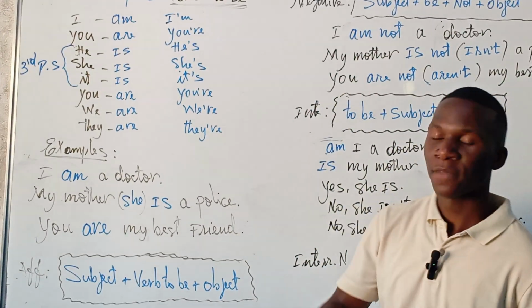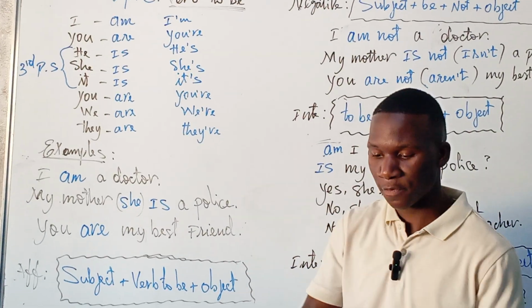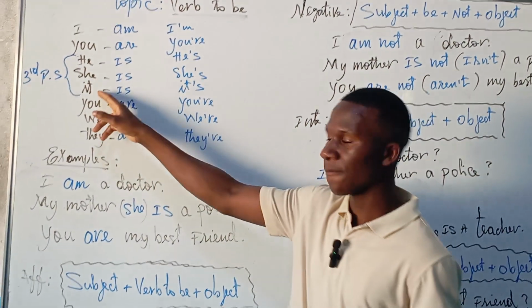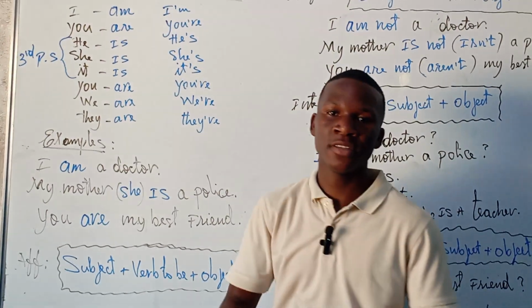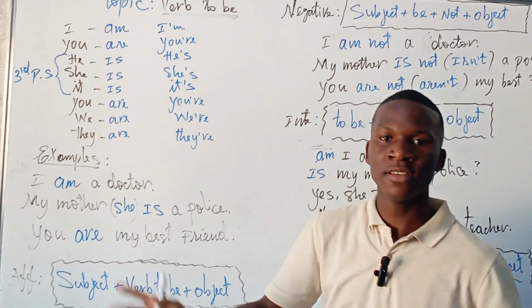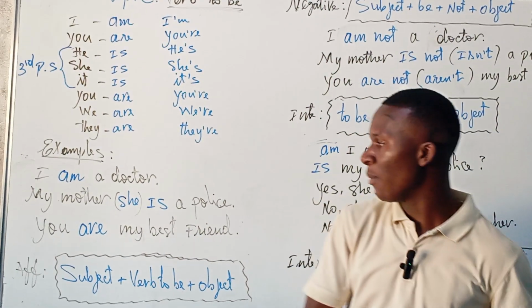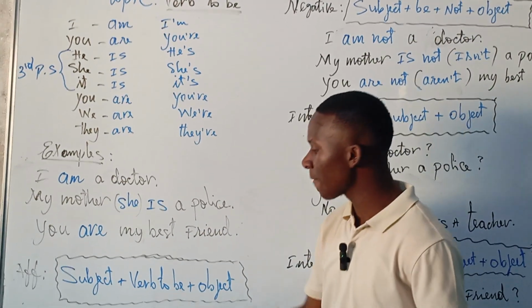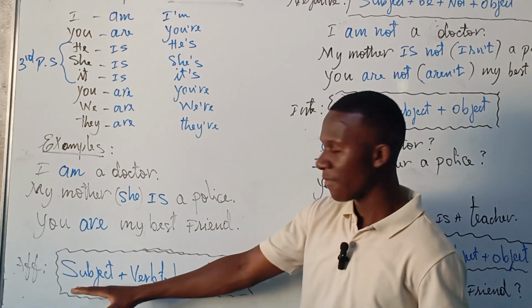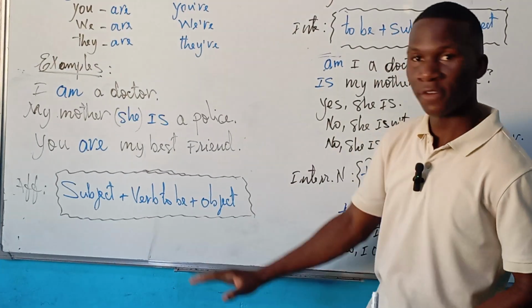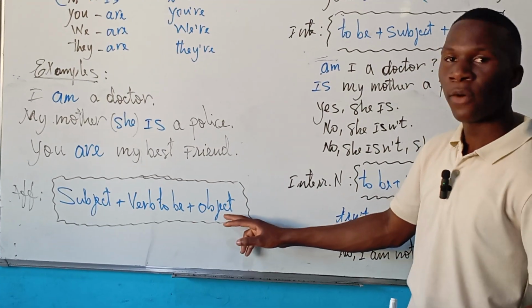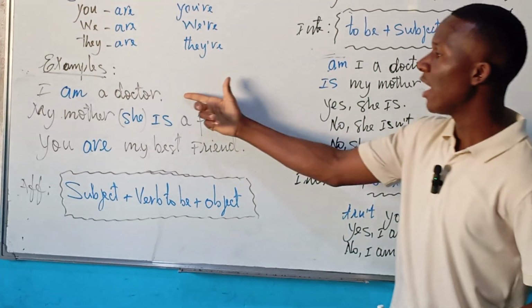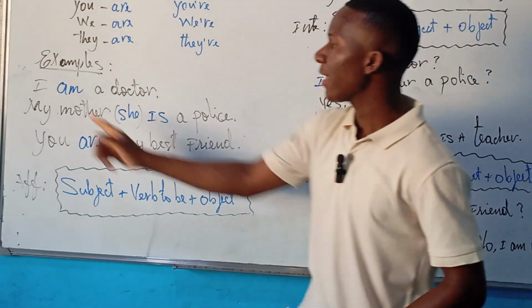In this case, the personal pronoun that we can use is it, because it is used to refer to things that are not human or animals. So here, coming back, we've got subject and verb to be. After that, our object.